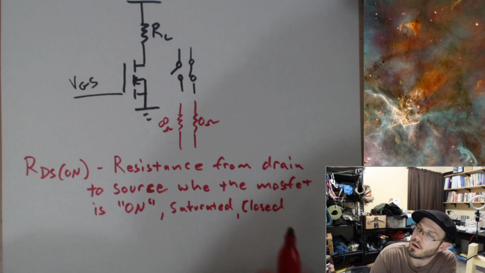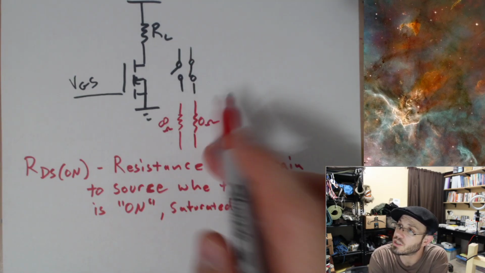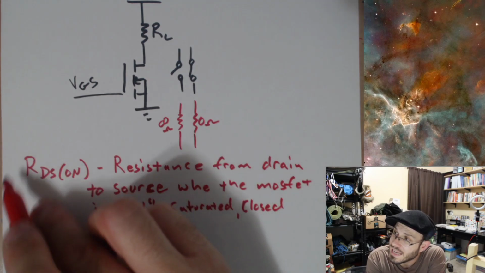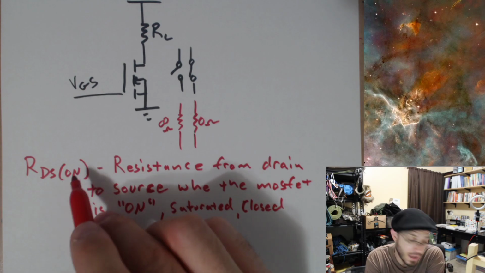This is the condition when our MOSFET is behaving like a 0 ohm resistor, like a closed switch. This is what the data sheet will tell you. They'll specify an RDS(on) value.